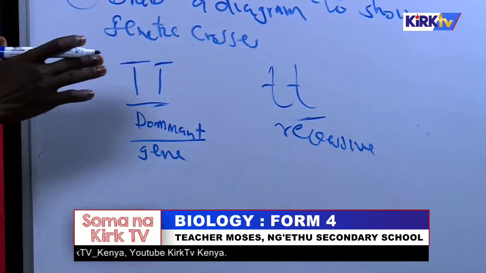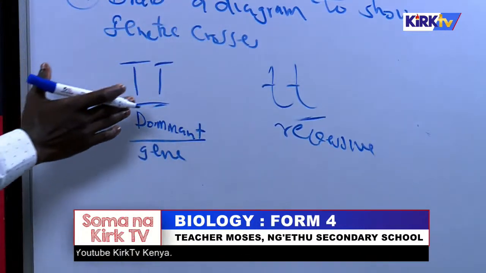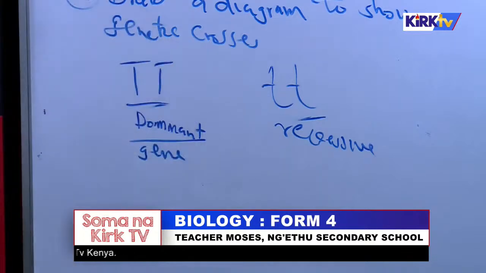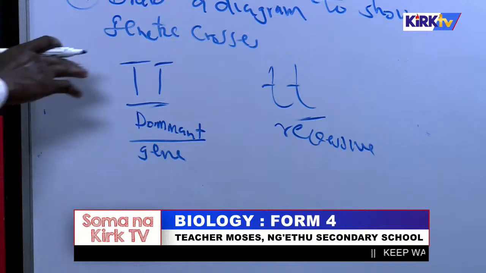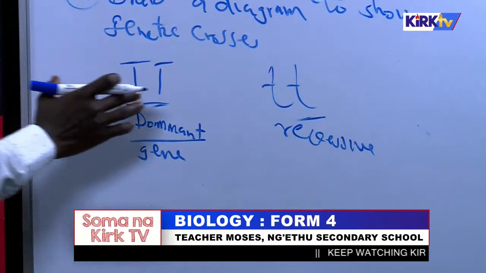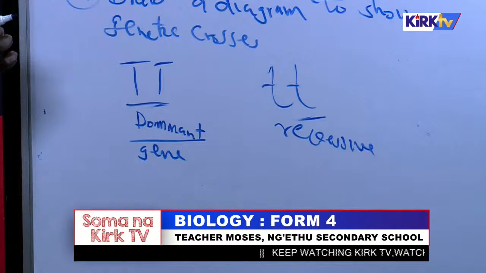So, when they occur, for this case, we have a pure dominant gene, where we have capital T and capital T. So for this case, we say the gene here represented is called homozygous tall.